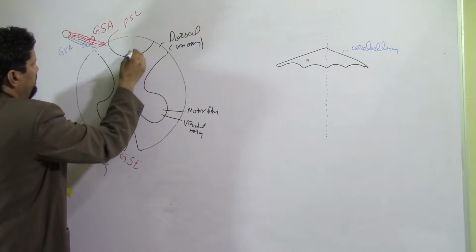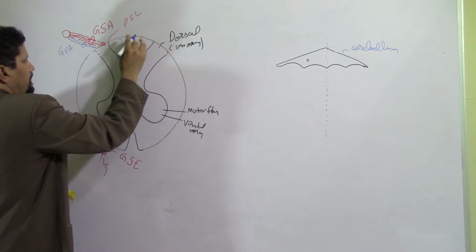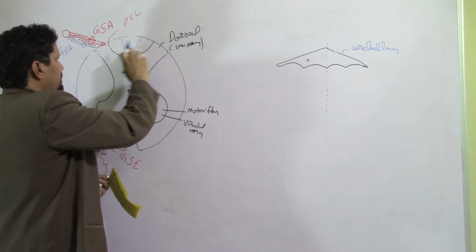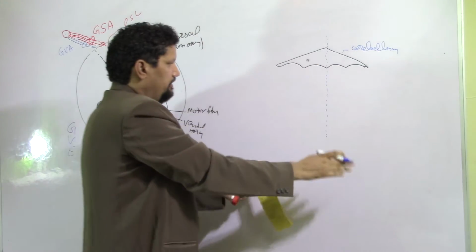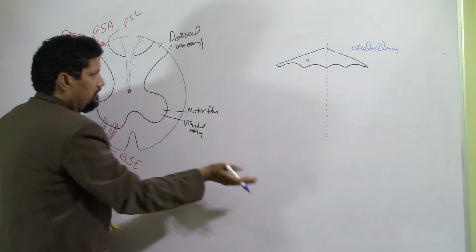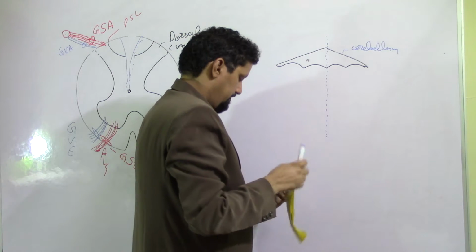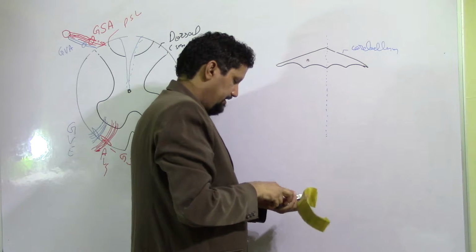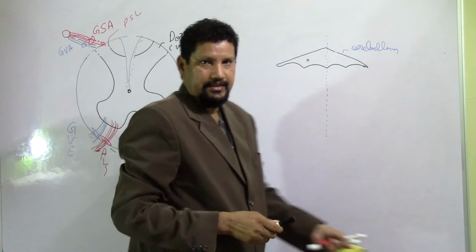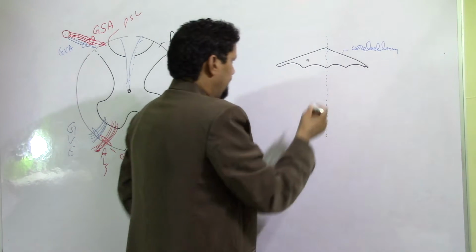It opens from here. So after opening, this white matter comes forward, and this gray matter, which is in the form of the ventral horn, is pressed backward in the floor of the fourth ventricle, and now the arrangement of the nuclei in the brainstem will be like this.